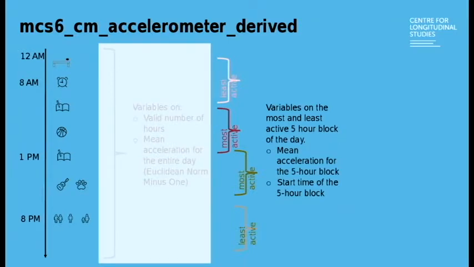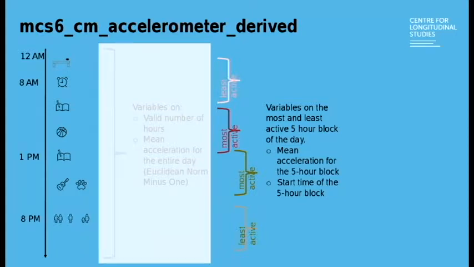The second set of variables is the most and least active 5-hour block of the day. This means that you know the mean acceleration for that 5-hour block and what time that 5-hour block starts.